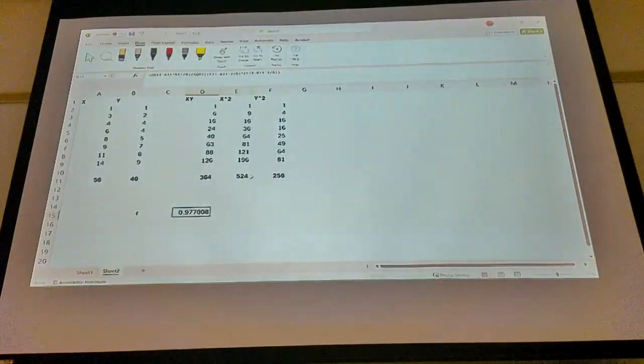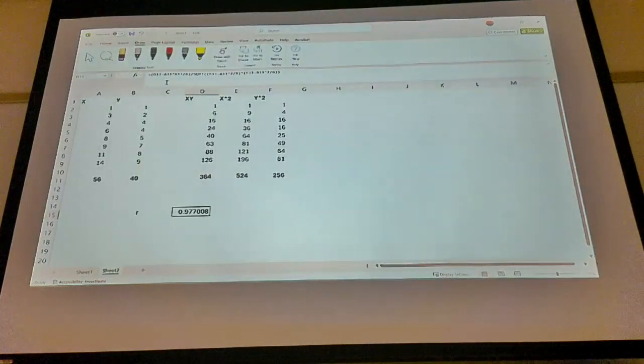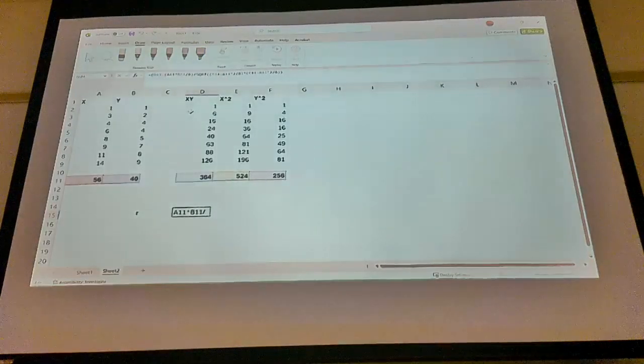E11 is x squareds. F11 is y squareds. A11 is sum of x and then square that. What is this? Is it to get R? The only thing I'm even trying is this, it shouldn't matter.